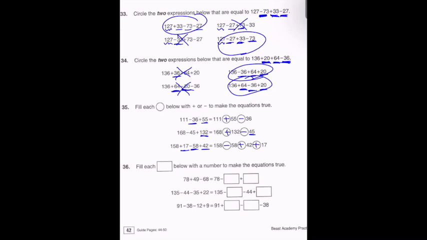And so let's go over 36 now. So starting with 78, the number that's going to be subtracted is 68, and then we're going to add 49, so the 49 is going to come after the plus sign. For the second row, we're going to subtract 44, and we're subtracting 35 as well.